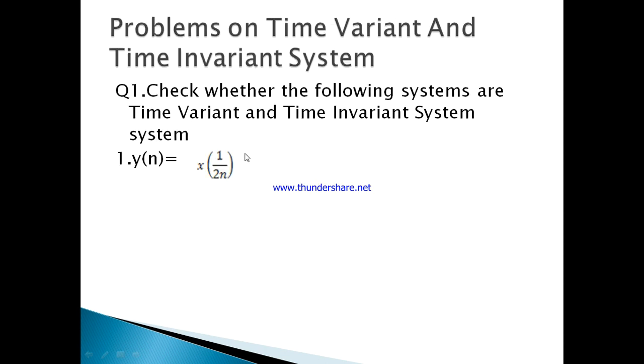So here, problems on time variant and time invariant systems. Check whether the following systems are time variant or time invariant. First one: y of n equals x of 1 by 2n.